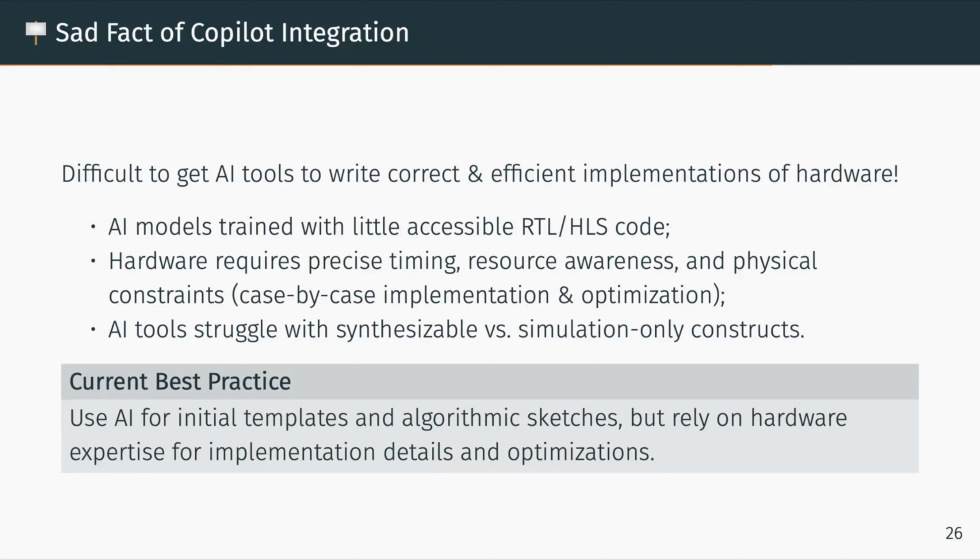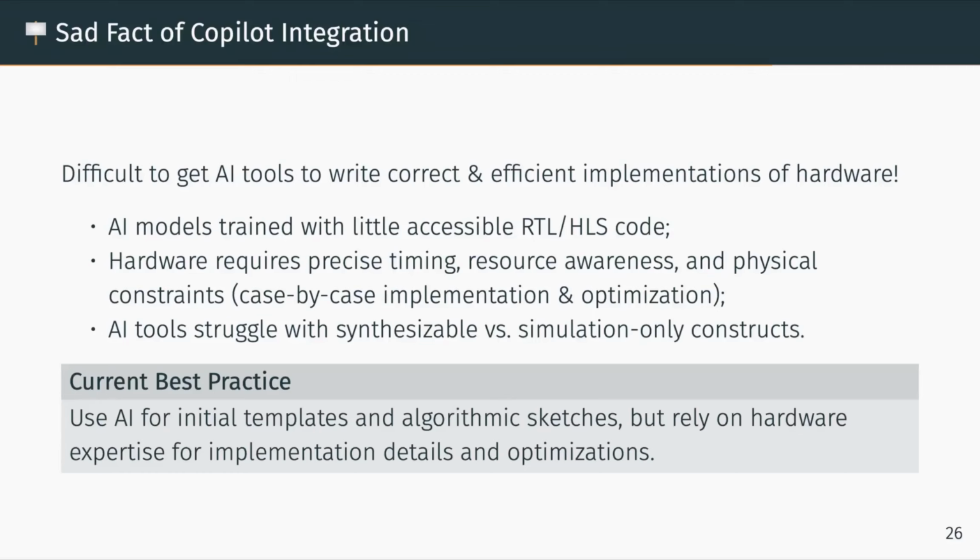ChatGPT, Claude, and Gemini all fail to write even some simple modules. They are trained with very little accessible RTL code, and that's bad. Hardware requires precise timing, resource awareness, and physical constraints. Mostly they are case-by-case implementation optimizations, so the tools can't really capture that very well.